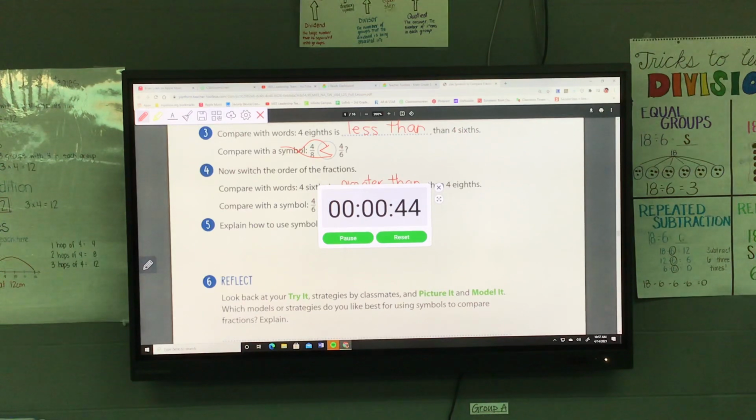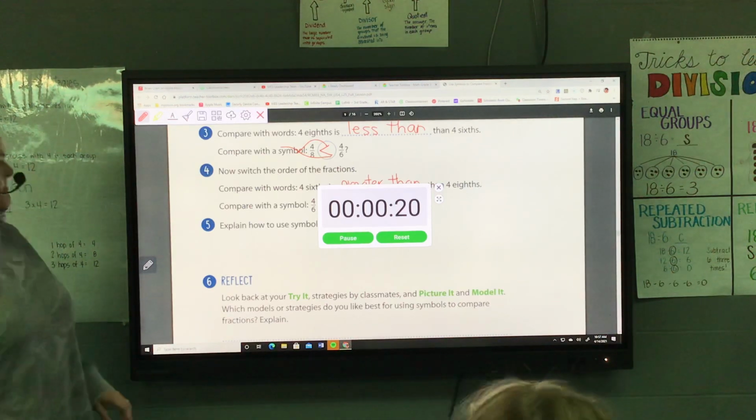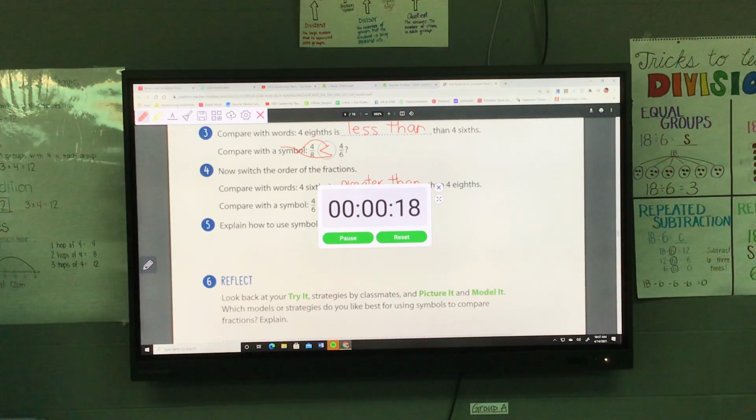Yeah. Like if the numerator is different, you can just look at the numerator. Say this is like greater than this. It can be like this is less than this. And it can also be equal to.